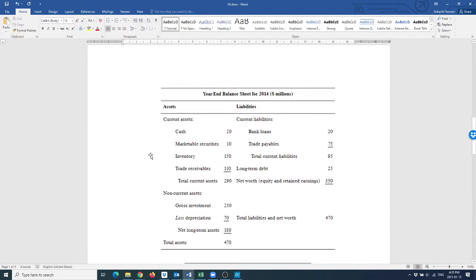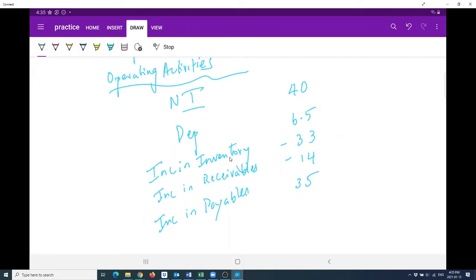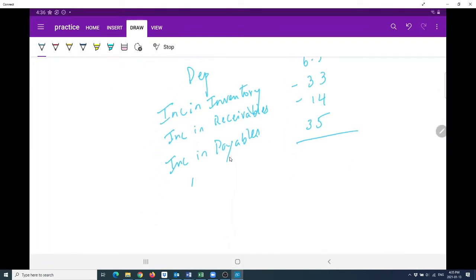Do we have anything else in terms of operations? I believe in the short-term operations in terms of working capital, that is pretty much it. Once you add this, you can think of this as net operating cash flow.